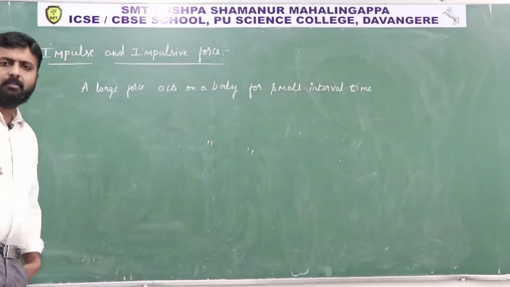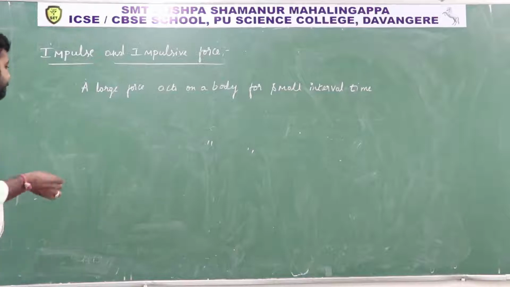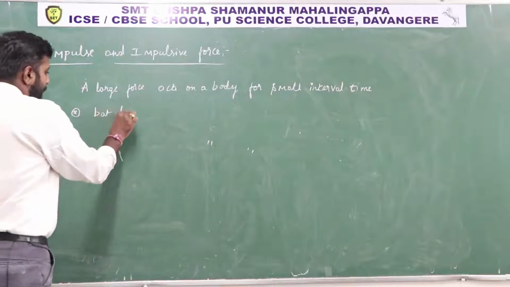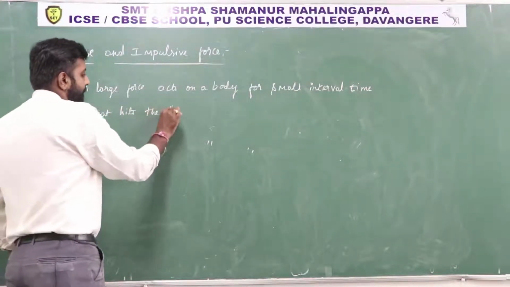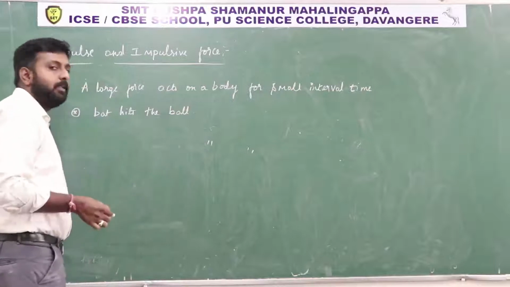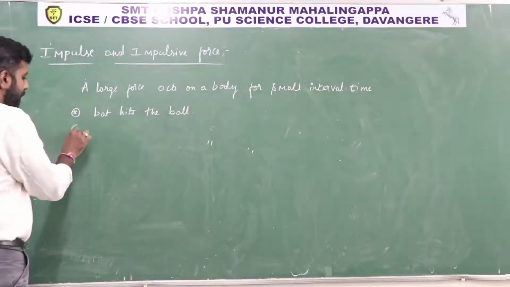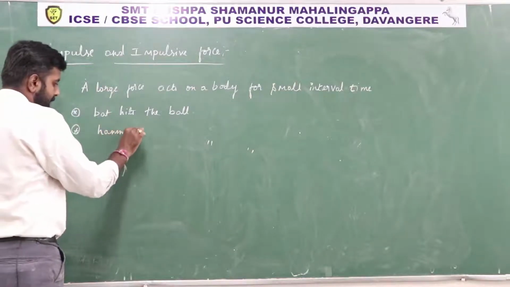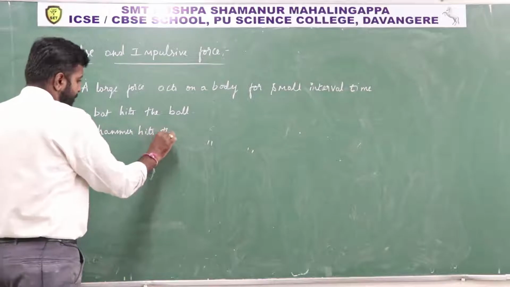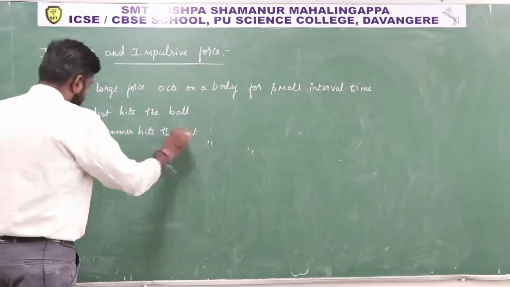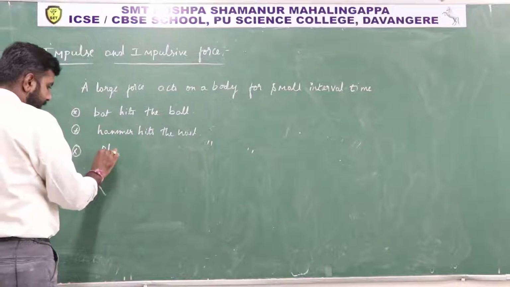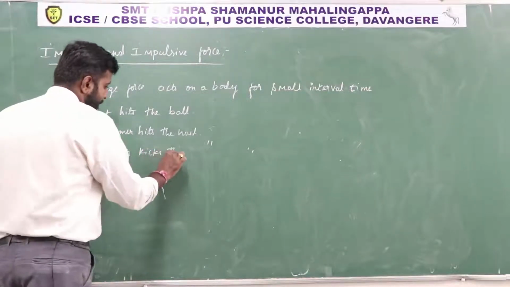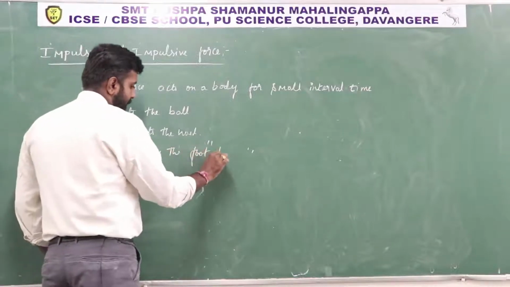What are the examples for impulsive force? You can consider a bat hits the ball, or you can consider a hammer hits the nail, and you can consider a player kicks the football.